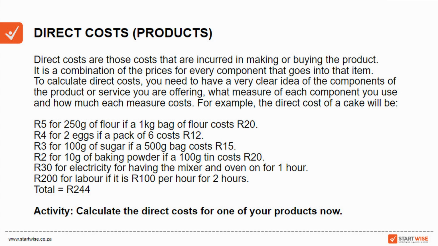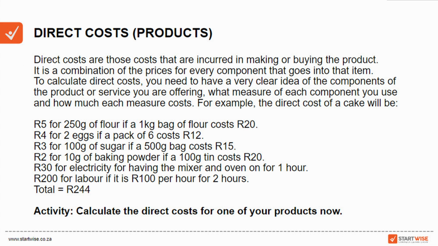So you might buy a kilogram of flour, which costs you 20 Rand, but in one cake, you only use 250 grams of flour. So that would be 20 Rand divided by 4, because there's 4 times 250 grams in a kilogram of flour. And that would give you 5 Rands worth of flour for one cake.